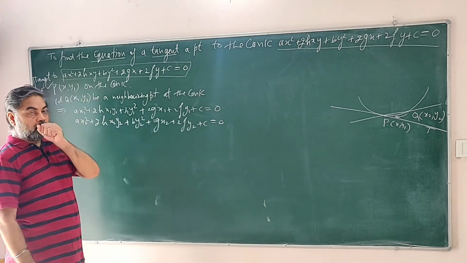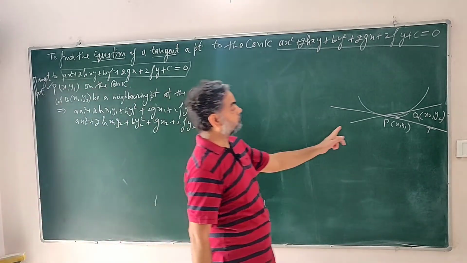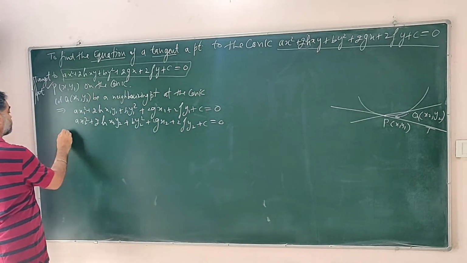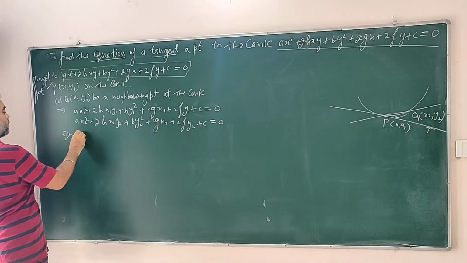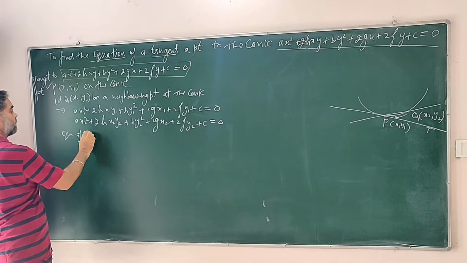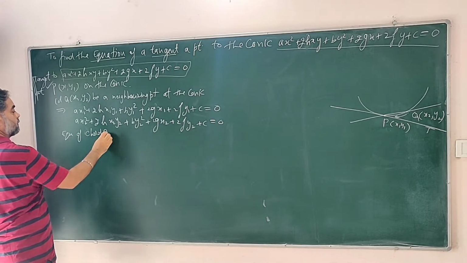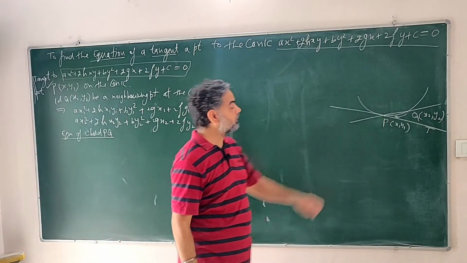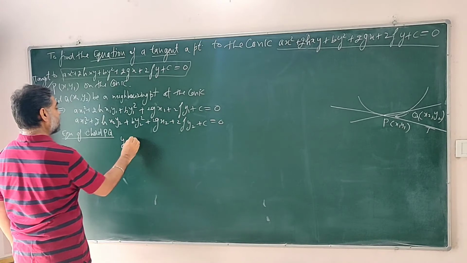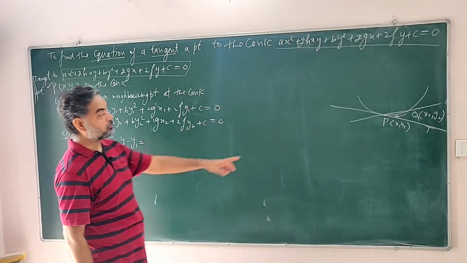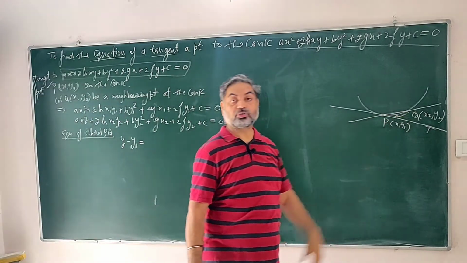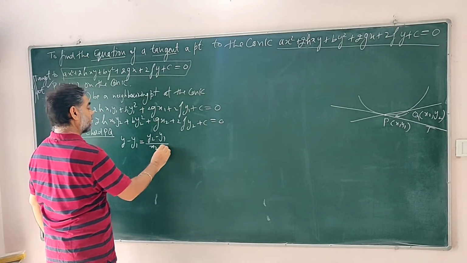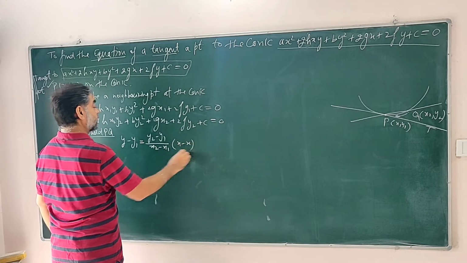Now what is the equation of the line PQ? The equation of the chord PQ would be y minus y1 is equal to the slope of this chord. The slope of this chord would be y2 minus y1 over x2 minus x1, into x minus x1.